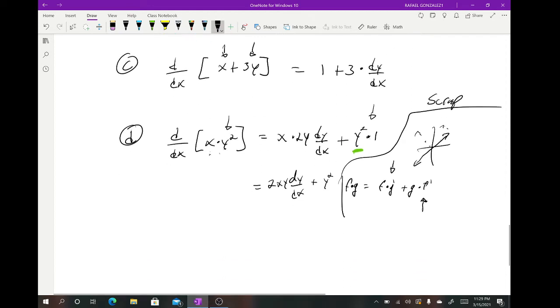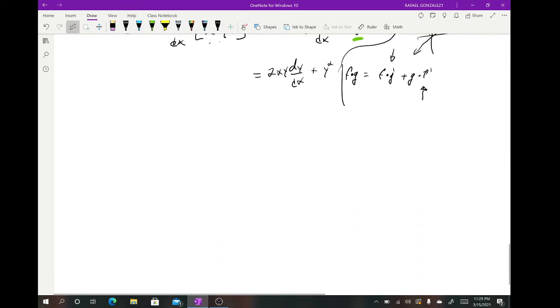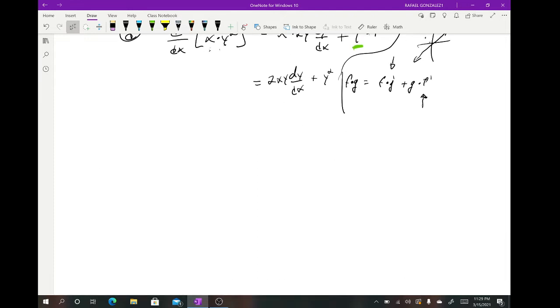Okay? So most of these problems will boil down to this. Whenever you see a term involving y's and you take the derivative implicitly, you'll add dy dx. So let me give you some guidelines.